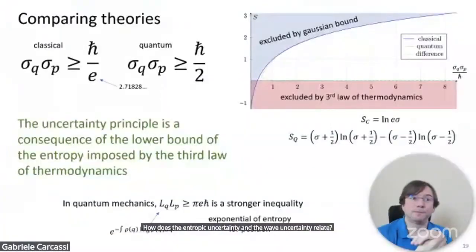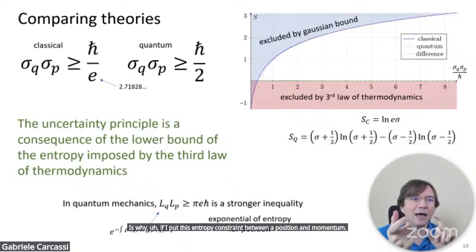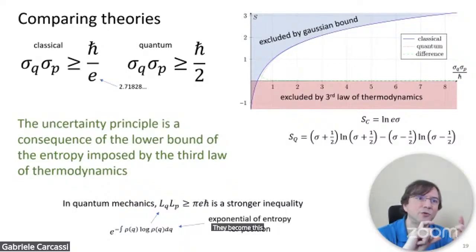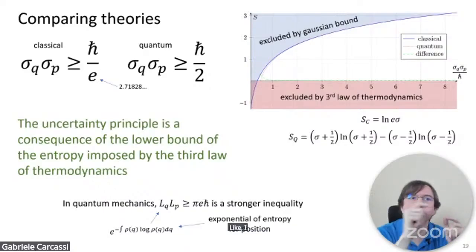I do not know. What I do not know is why, if I put this entropy constraint between position and momentum, it becomes the fact that one distribution is the Fourier transform of the other. I don't see that step.